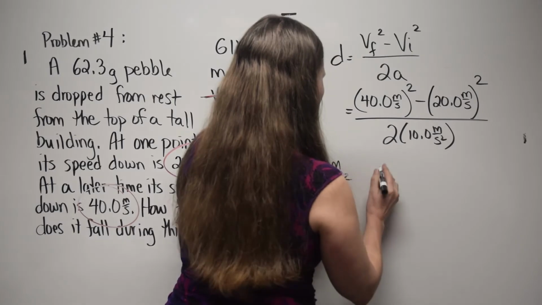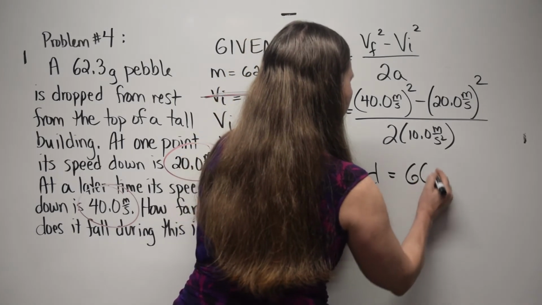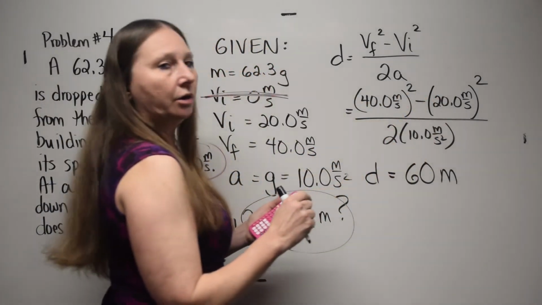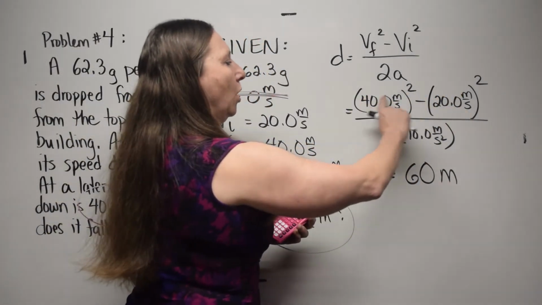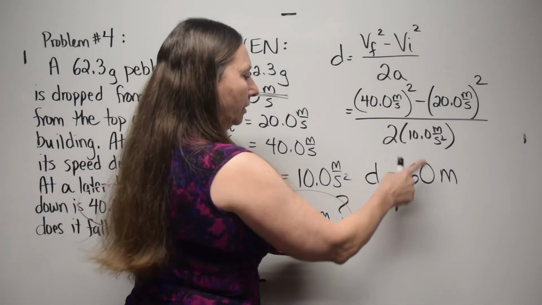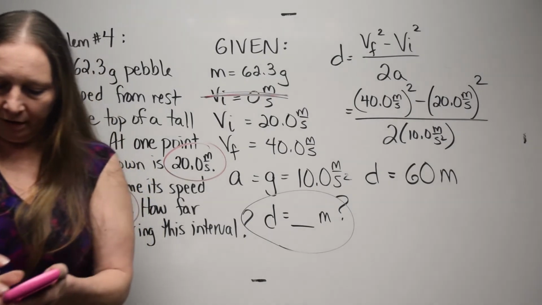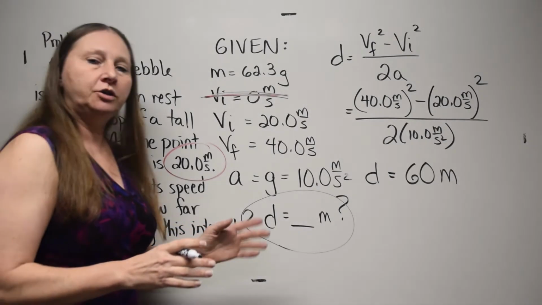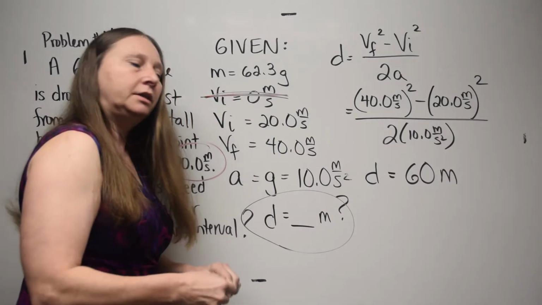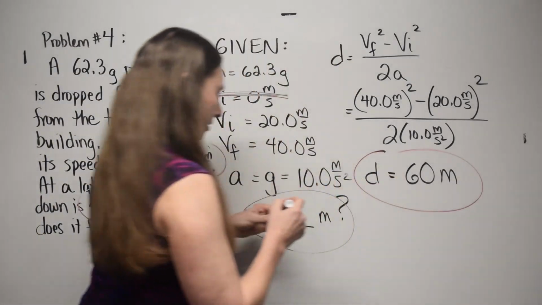Didn't we say it was 60 meters? 1,600 minus 400 is 1,200, and 1,200 on top divided by 20 is 60. So yes, the magic chart said it was 60 meters, and our math says that the answer is 60 meters.